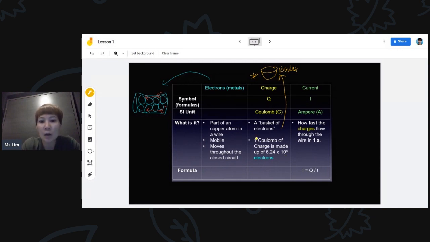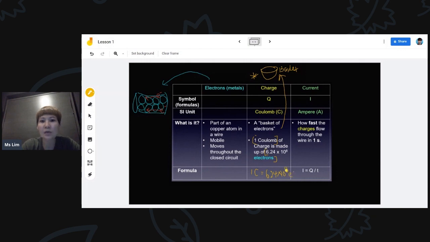A charge of 1 coulomb is equivalent to 6.24 times 10 to the power of 8 electrons. So when we say that there is 1 coulomb of charge, it is the same as telling others that this basket contains this amount of electrons.